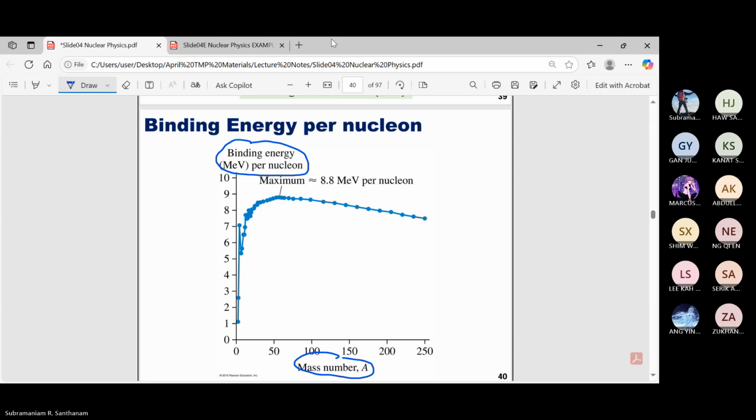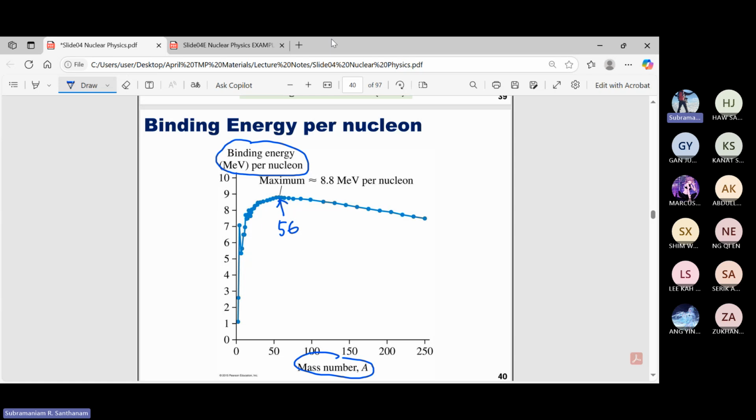As you can see, this is somewhere around 56, the mass number. 56 is iron, ferrum. That's why we find ferrum more. One of the minerals found most on Earth is ferrum, because that's one of the most stable.